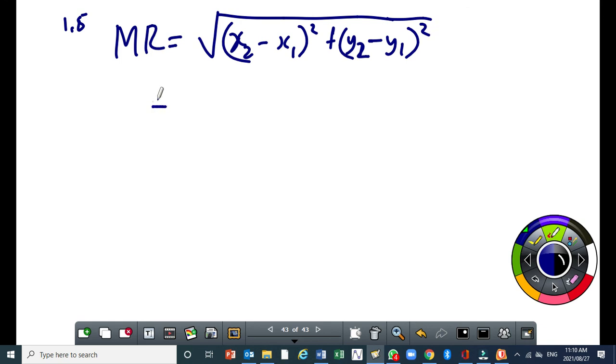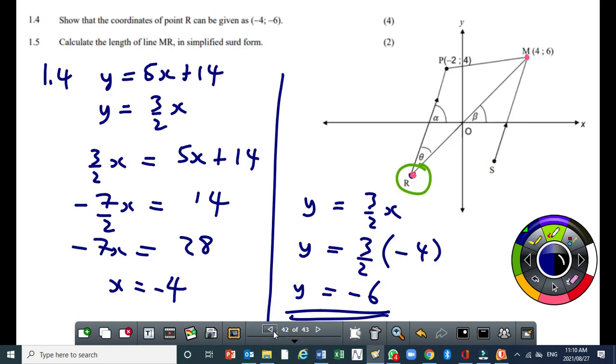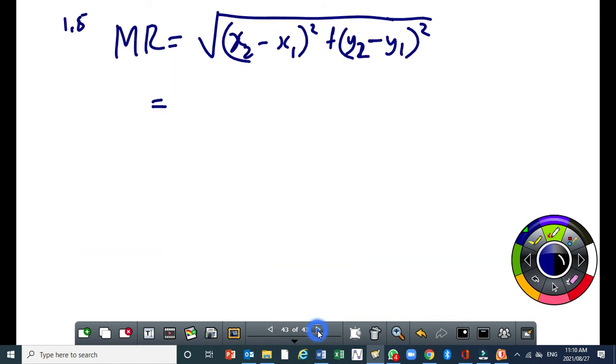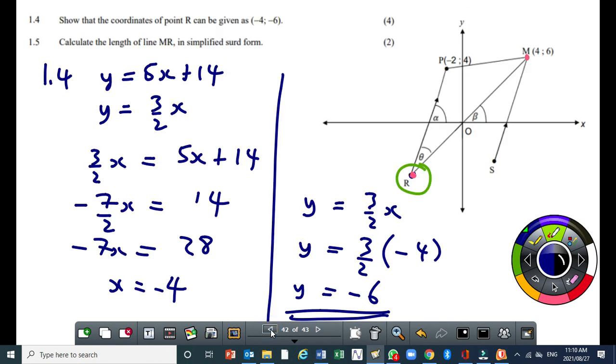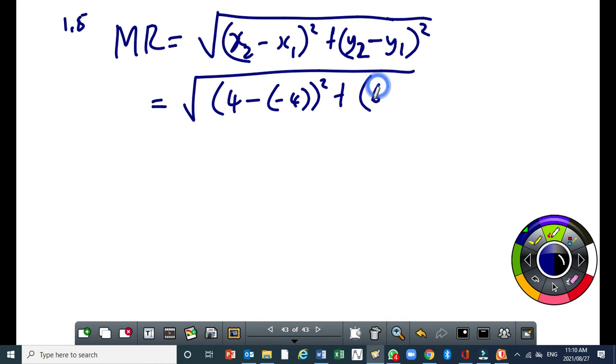Alright, so this will be equal to, now the coordinate of M, we have got x equal to 4 there and x equal to minus 4. So I'll say 4 minus minus 4. Okay, so this becomes the square root of 4 minus minus 4 squared plus y2, okay, is 6 minus minus 6 squared.